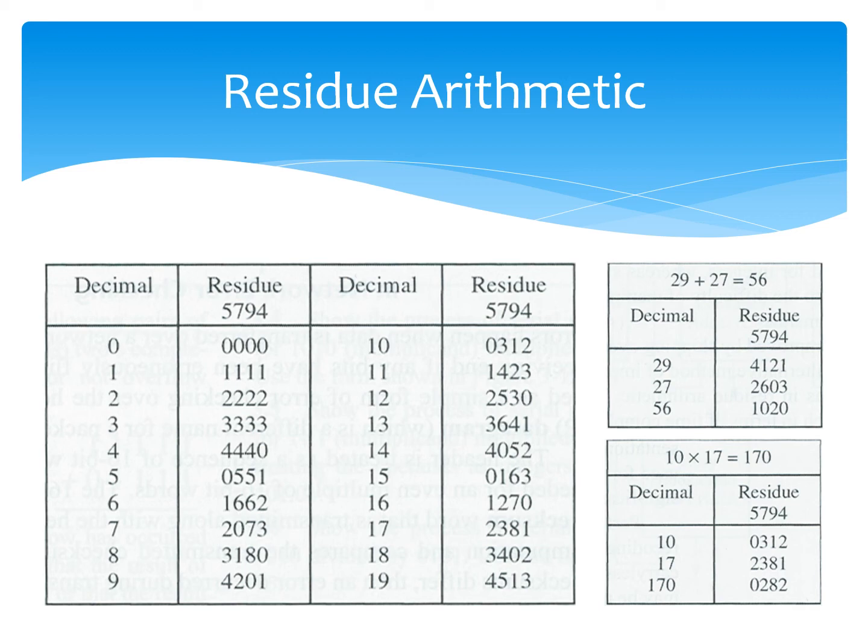To get the product of 10 and 17 in residue 5794, we simply multiply the corresponding digits of 0312 and 23A1 so that we have 09A2.